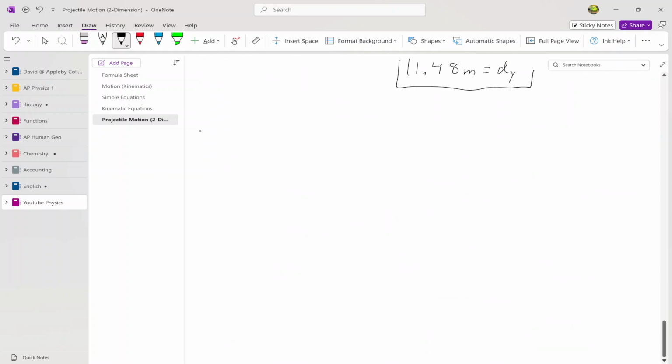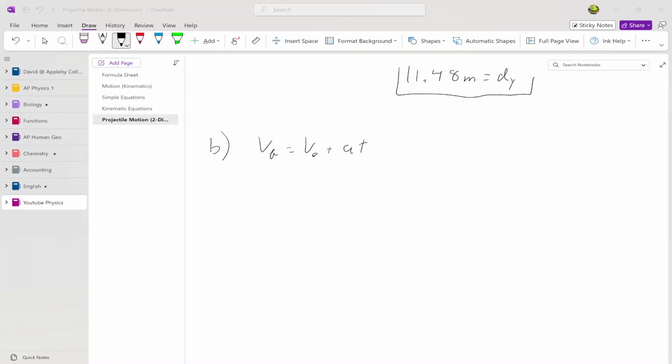Okay, so how long is it in the air for? Well, lucky for us, we have the distance now, so we can just use the other kinematics equations. In this case, it would be V final equals V0 plus at. Very nice, very simple. So we rewrite it with the y's: Vy equals V0y plus ayt.